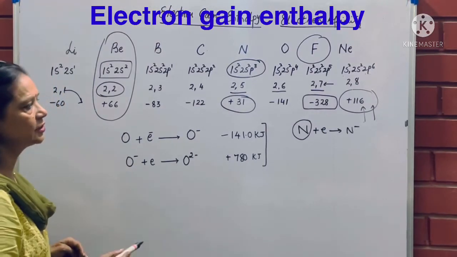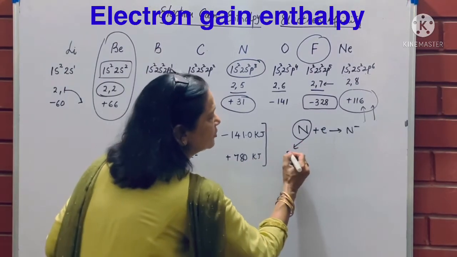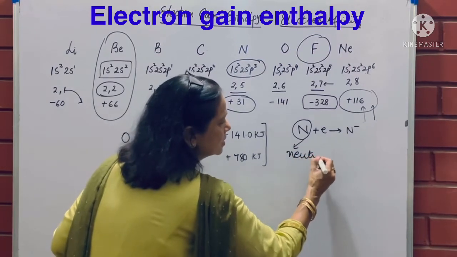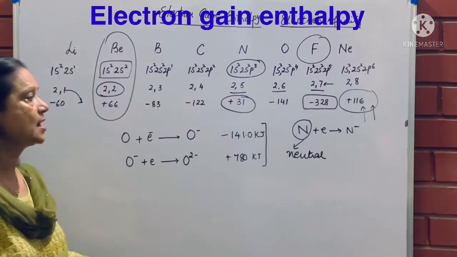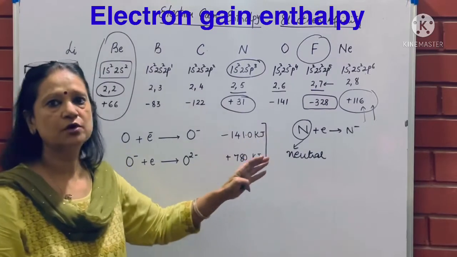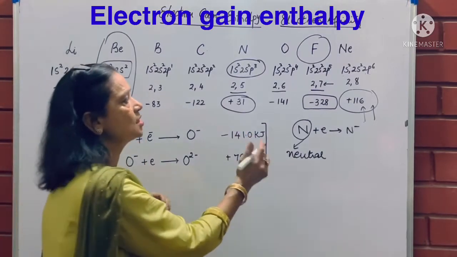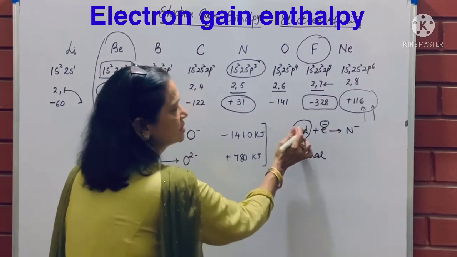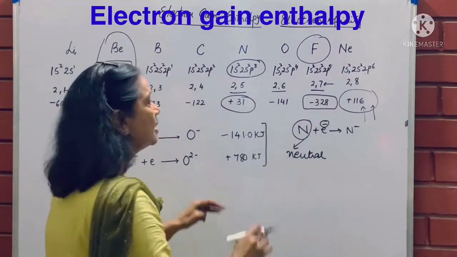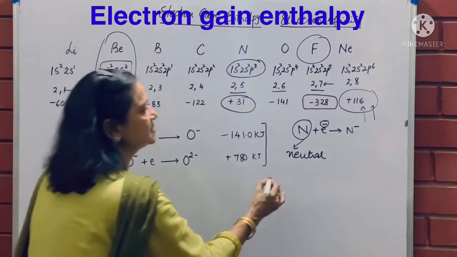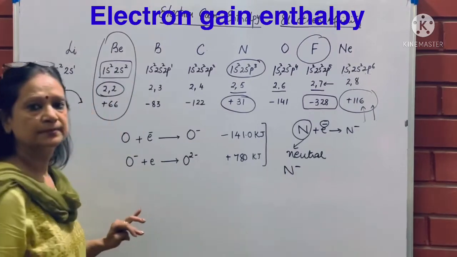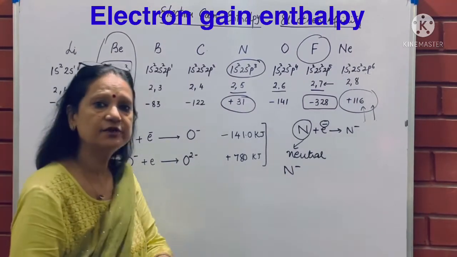Now till here we were only talking of a neutral gaseous atom. If I give the first electron to the neutral gaseous atom, energy is released. This is neutral at the moment, but the moment it becomes N minus, it has become negatively charged.